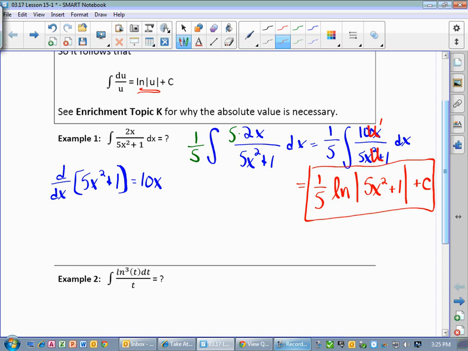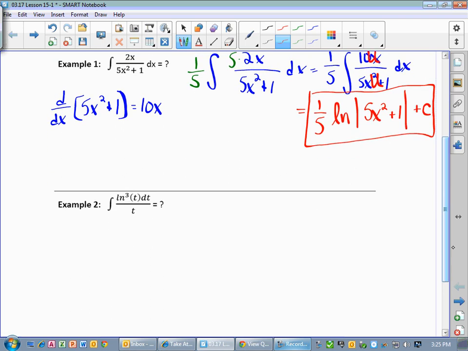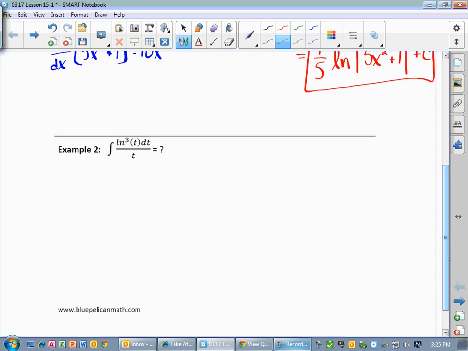Okay. So let's look at example 2. Some function in the denominator, so we have t. Now what would the derivative of t be? 1, which is there, but we also have this ln cubed thing, so that doesn't particularly help us, which means this is a different kind of problem. So first let's rewrite this problem as the integral. Now ln cubed of t may feel a little weird seeing that.